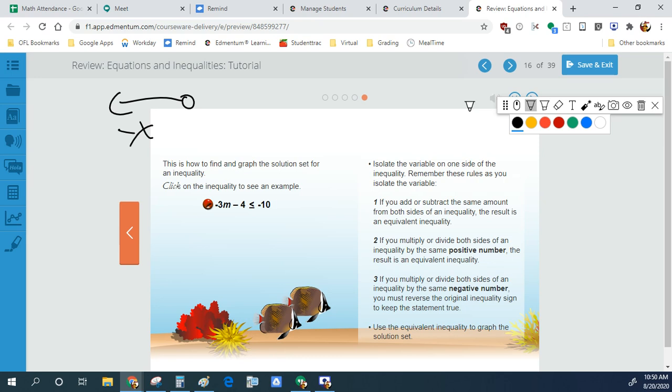So if we're talking about a positive 10 and our x's become positive, we're going to be going this way because we're not talking about negatives. Think of it this way: if I have -2 and I'm talking about less than -2, but I'm talking about +2, I'm going to talk about everything over this way. So that's a good way to remember why the sign changes.